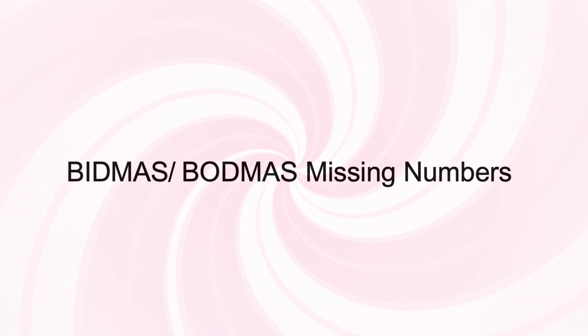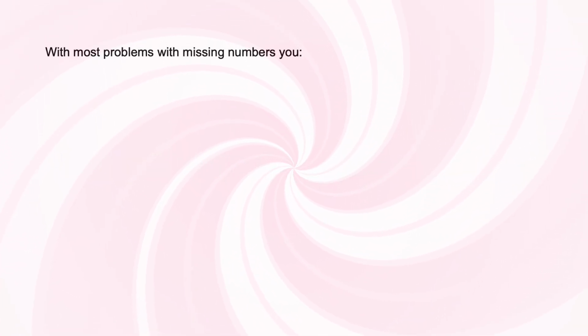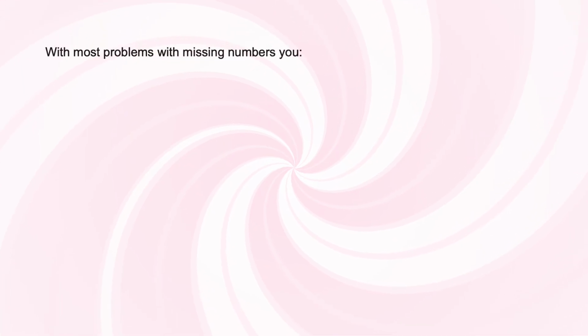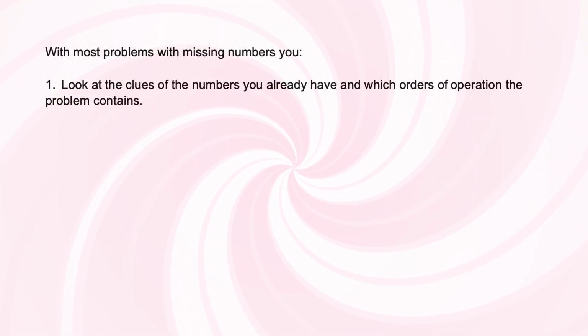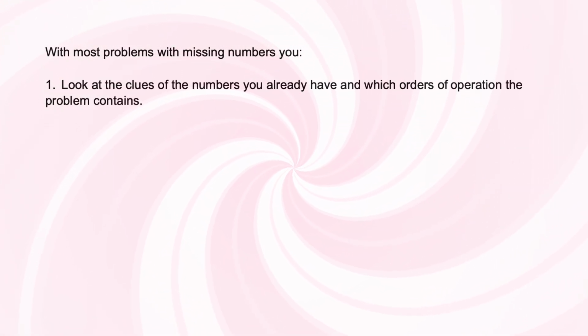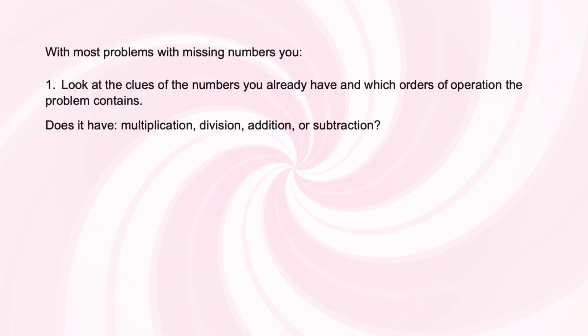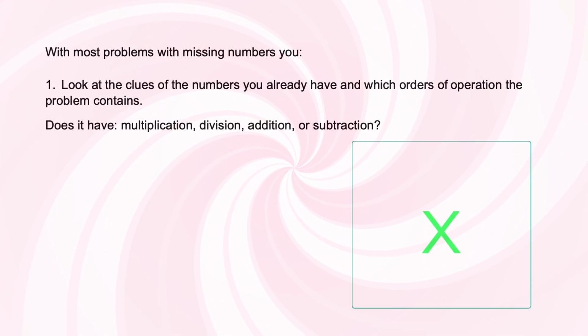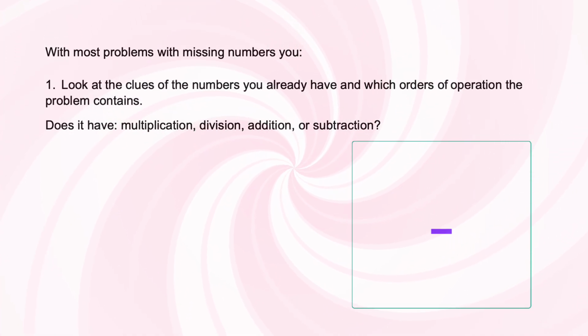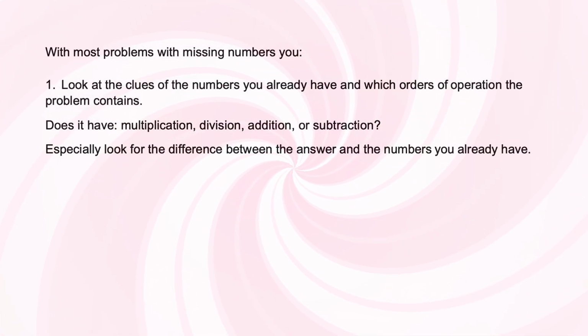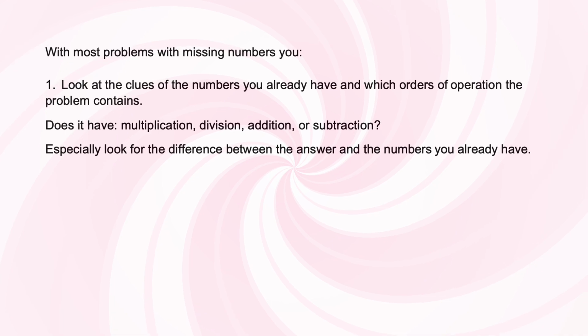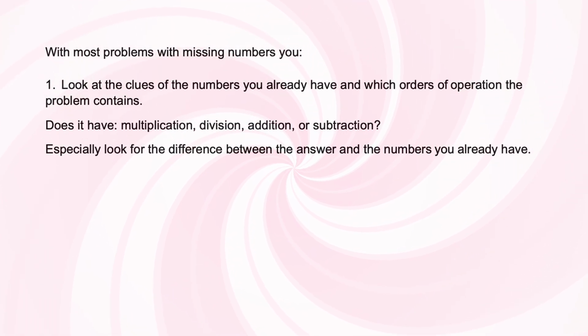BIDMAS, BODMAS, missing numbers. With most problems with missing numbers, you can first look at the clues of the numbers you already have and which orders of operation the problem contains. Does it have multiplication, division, addition or subtraction? Especially look for the difference between the answer and the numbers you already have.